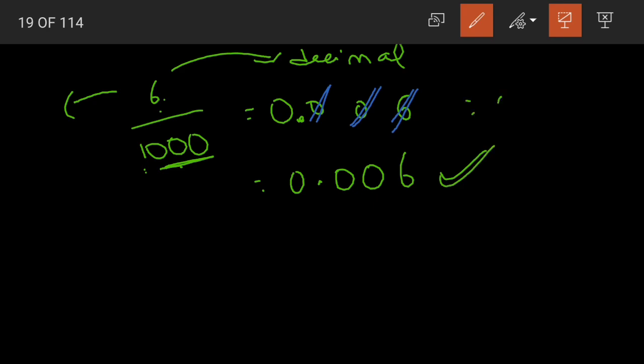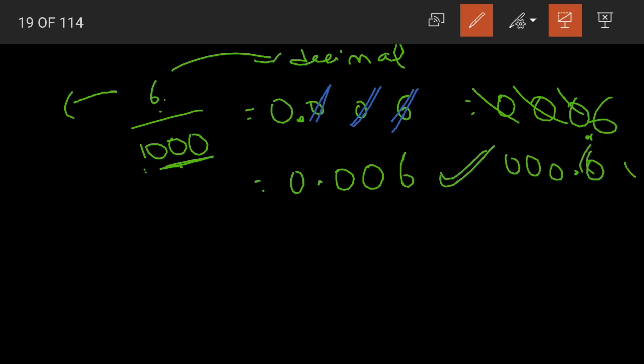Yes, you should count the number of places from the right side. 1, 2, 3 and then place a point. 0.6 will be our wrong answer. What is the correct answer, children? See, again, if you get confused between whether 0.006 is correct or 0.6 is correct, then what did I say?